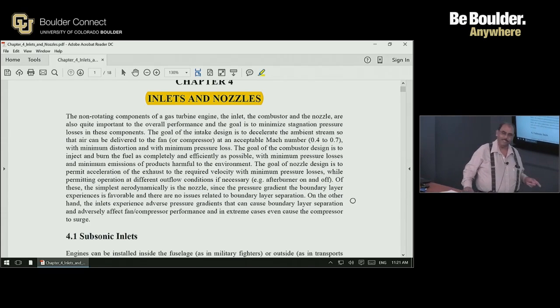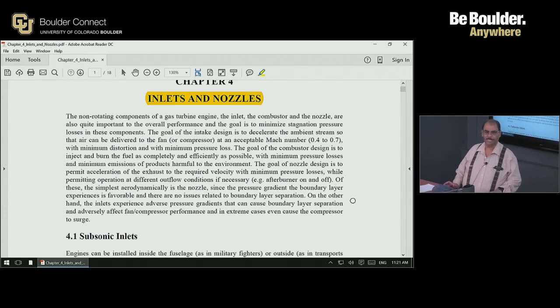Okay. Actually, the subsonic inlets are relatively straightforward to design compared to the supersonic inlets, because as you can imagine, supersonic inlets have to decelerate the flow from supersonic Mach numbers to subsonic Mach numbers. Okay. The engine typically likes air at maybe Mach number 0.6, something like that.